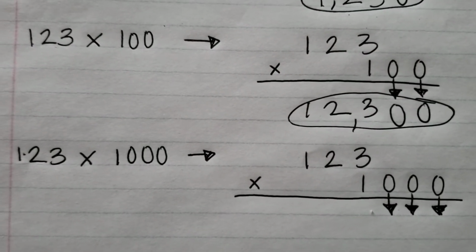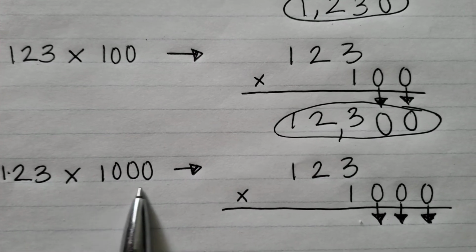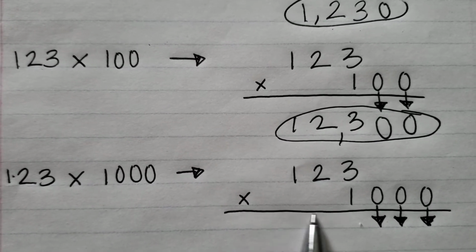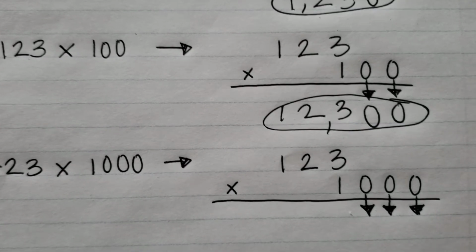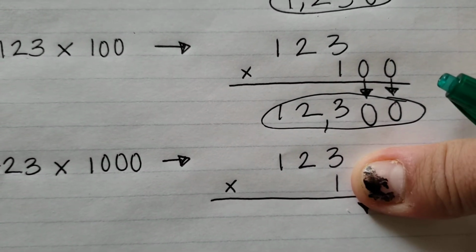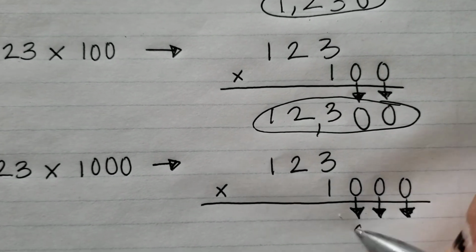All right, now let's look at 1,000, taking 123 times that. Rewrite it vertically. I hide those zeros in the back, so it looks just like 123 times 1. I'm going to drop down those zeros.